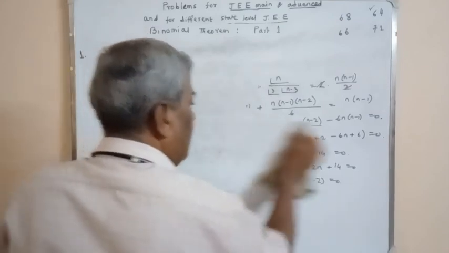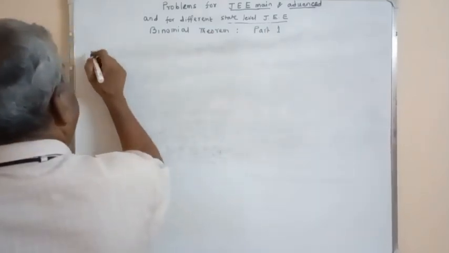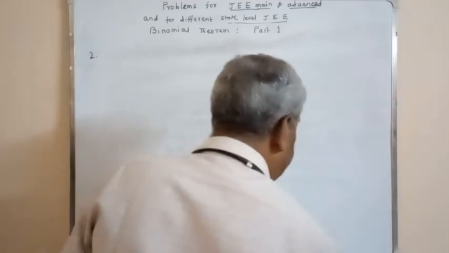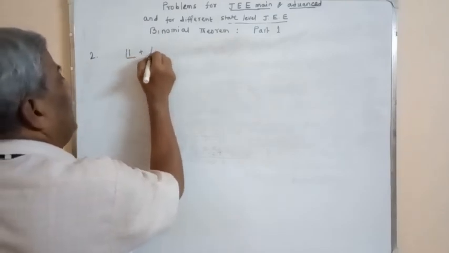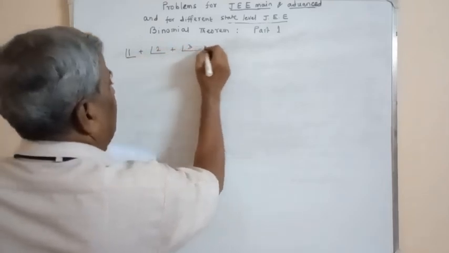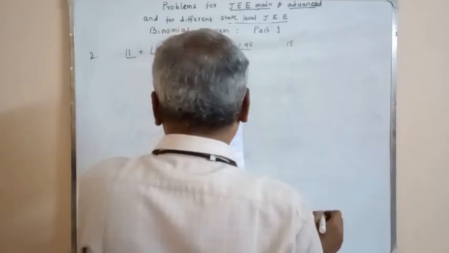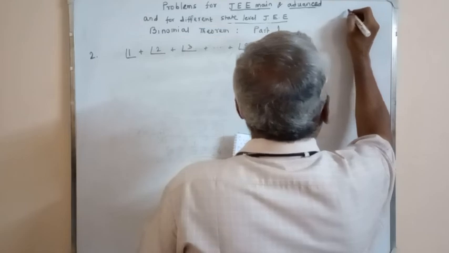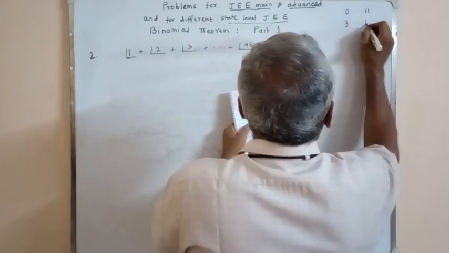Next problem. Problem number 2. If factorial 1 plus factorial 2 plus factorial 3 up to factorial 95 is divided by 15, the remainder is: options 0, 11, 3 and 14.